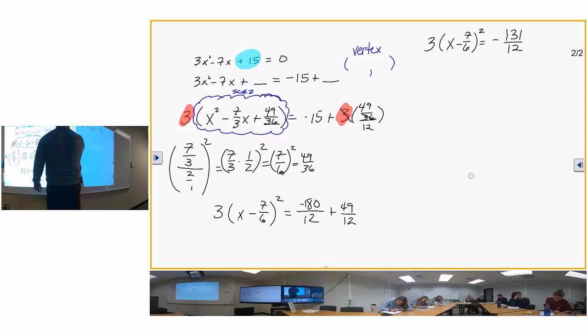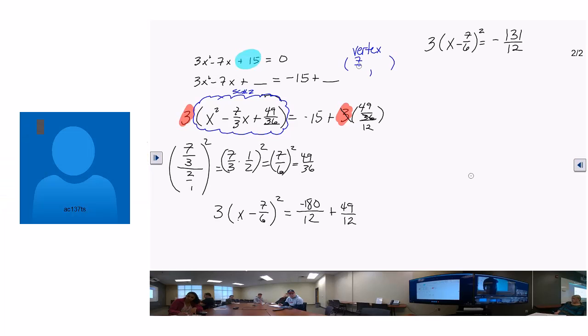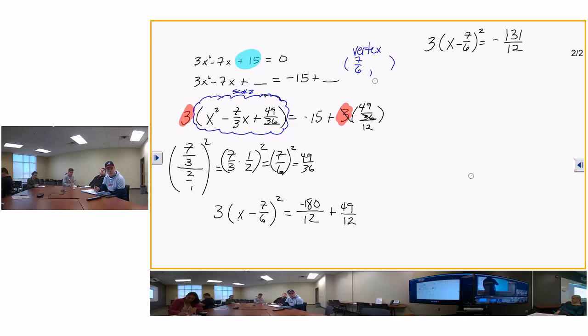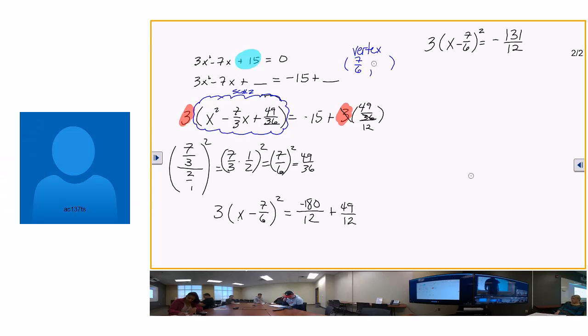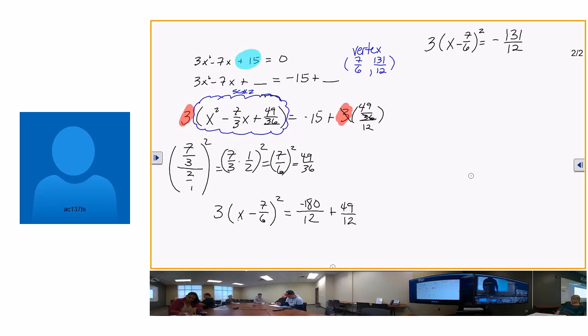Negative 131. 7 over 6. Take the opposite of both. Negative 131 over 12. Take the opposite of both. 131 over 12. Or, if you want to put it in, let's do it in magenta.